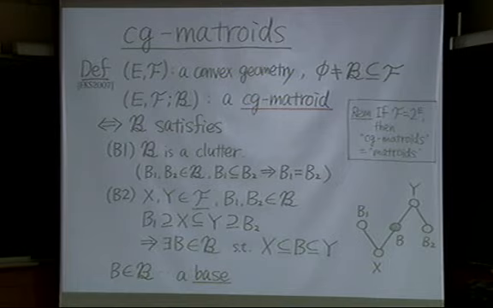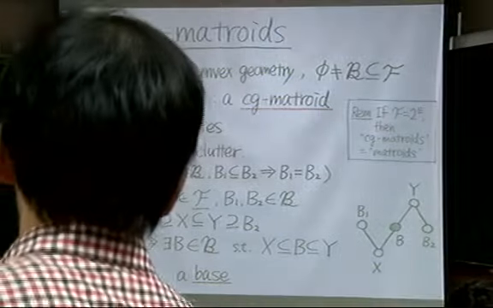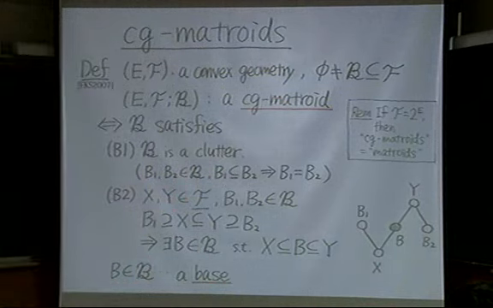So if script B satisfies these two properties, we call it a CG matroid.